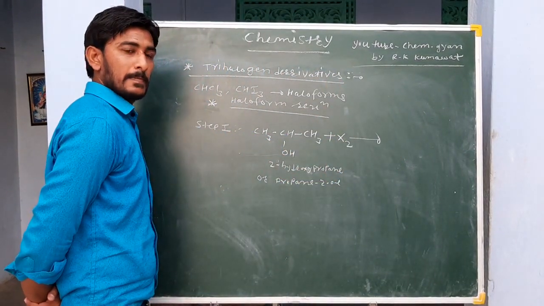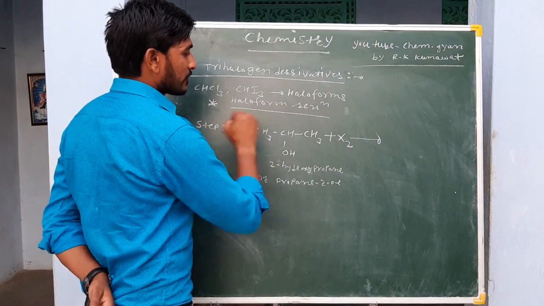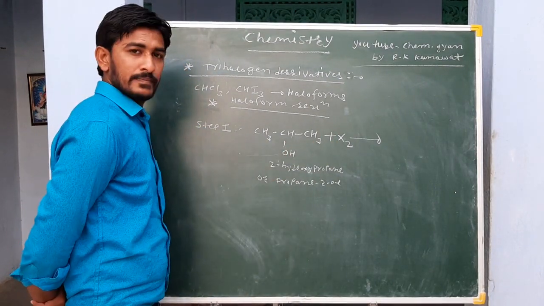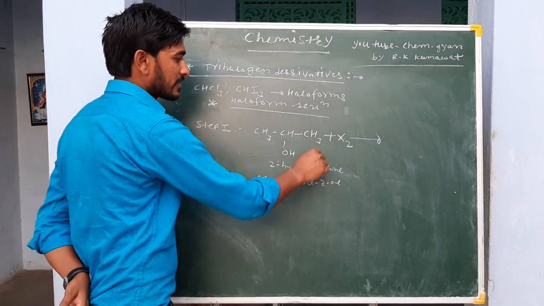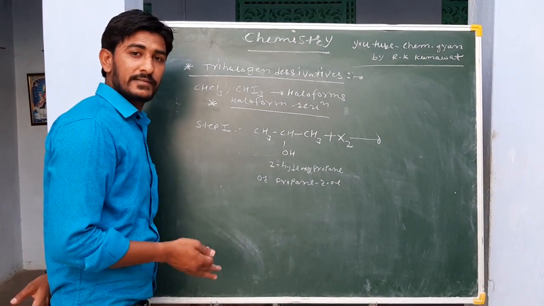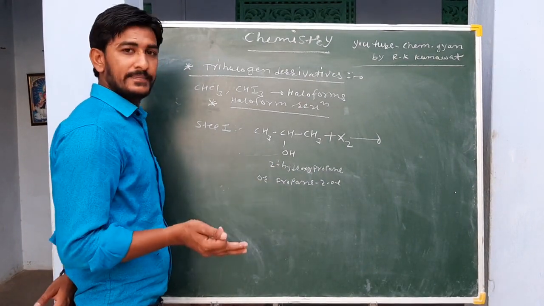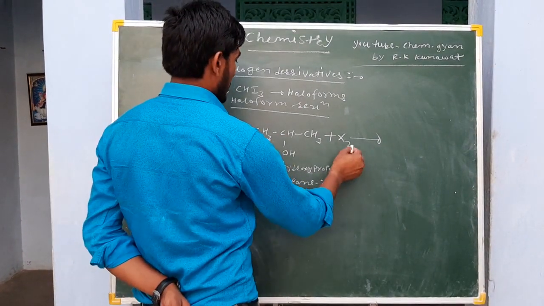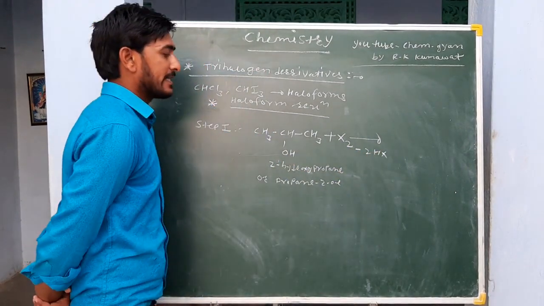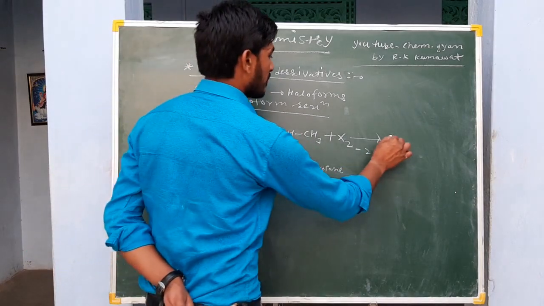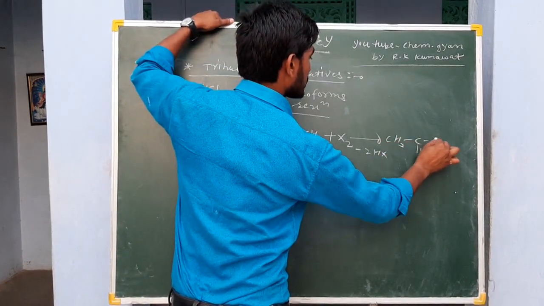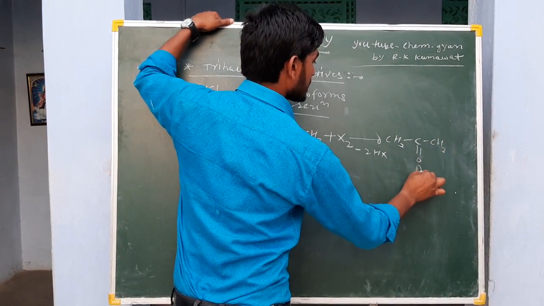We know that 2 hydrogen atoms add halogen atoms and eliminate HX, hydrogen halide. 2 HX molecules are removed in this step, and the product formed is CH3, C double bond O, CH3, which means acetone.